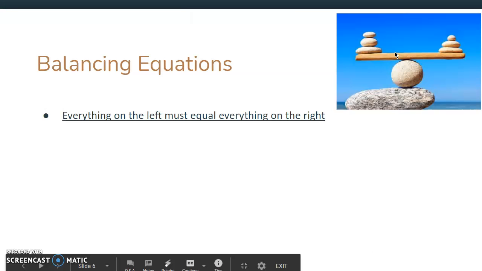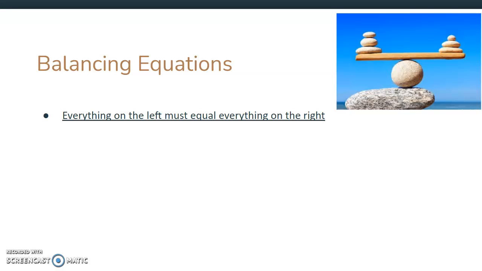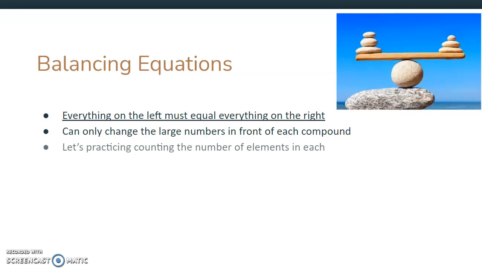The whole idea of balancing equations is we will have to get everything on our left equal to everything on our right. And the only thing we can change is the large numbers in front of each compound. So the most important, or I think crucial part of this is learning how to count the number of elements in each compound.